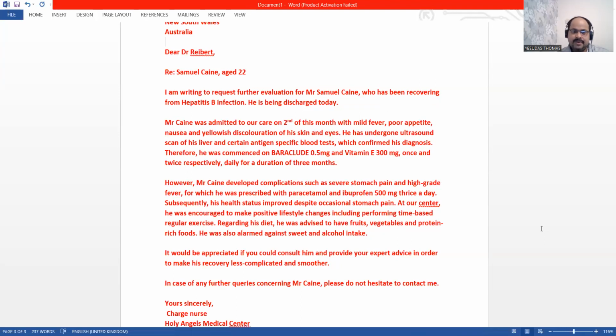He has undergone an ultrasound scan of his liver and a certain antigen-specific blood test, which confirmed his diagnosis. We have not explained the test name and what its components are.